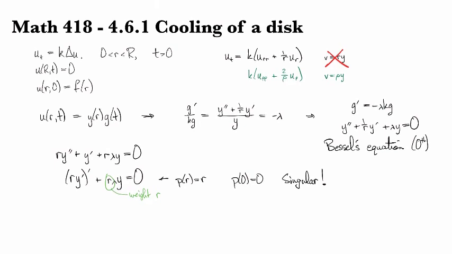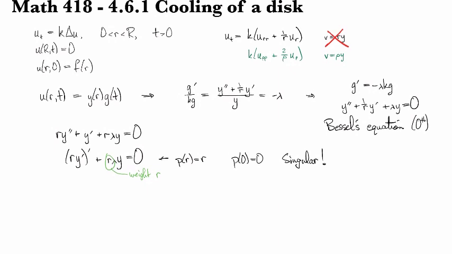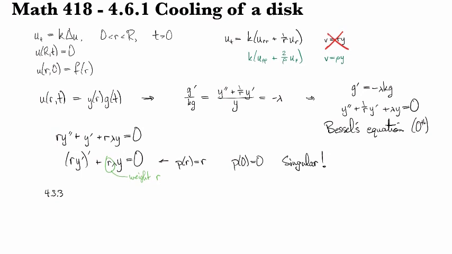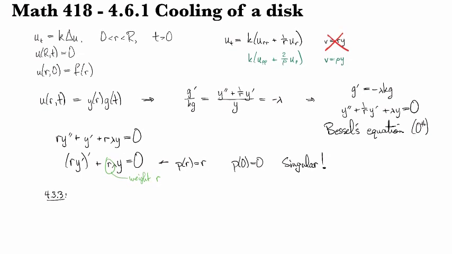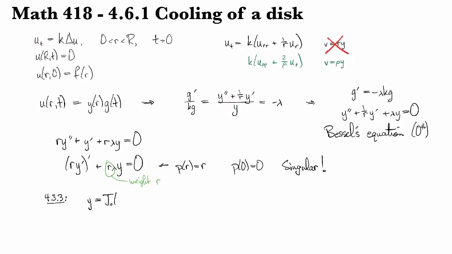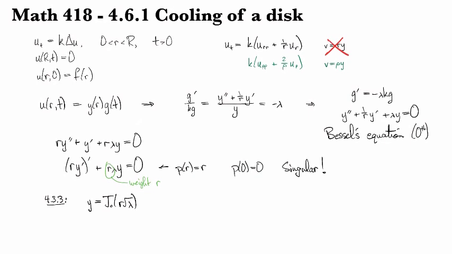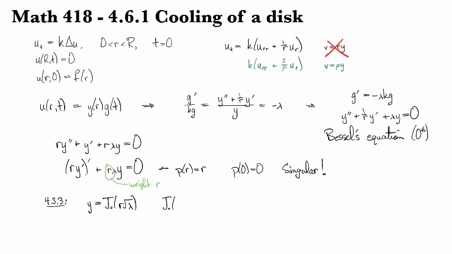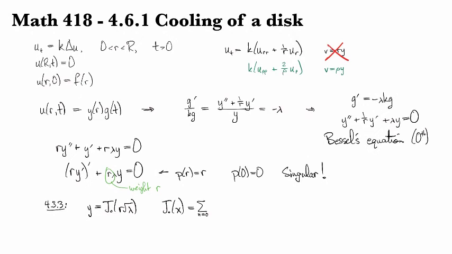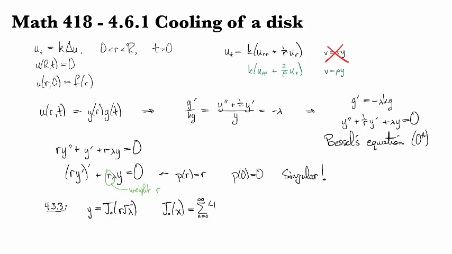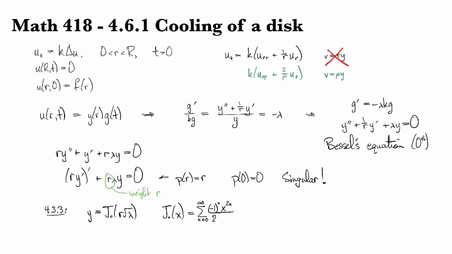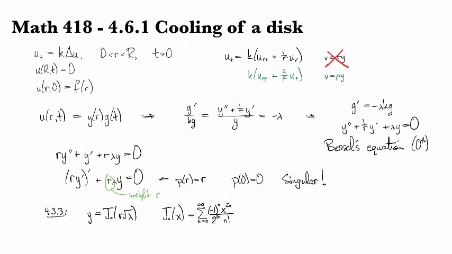Okay, so what we saw before from 4.3.3 was that this leads us to our solution being the Bessel function. And so the 0th Bessel function is given by the series, n equals 0 to infinity, negative 1 to the n, x to the 2n all over 2 to the 2n (n factorial).